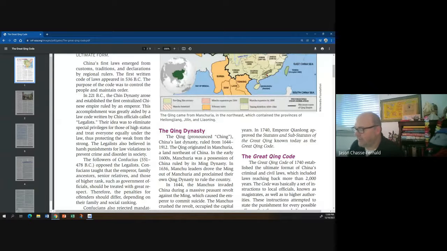The Great Tang Code comes from the Tang Dynasty, which followed the Sui, before the Song Dynasty. So you have the Tang Dynasty, a kind of great golden age. We've seen the Tang Code before because it gets diffused to Japan during the 700s, and this becomes the foundation for Japanese law as well.